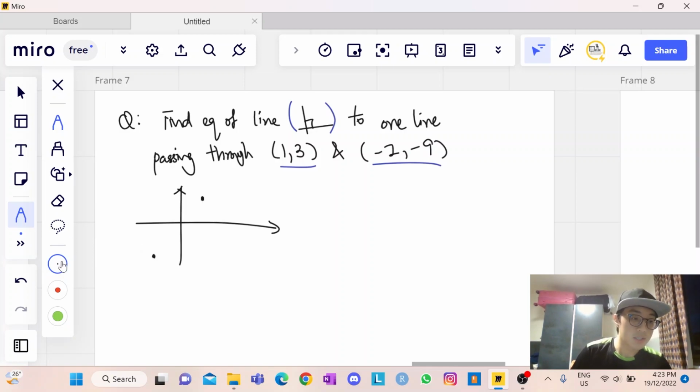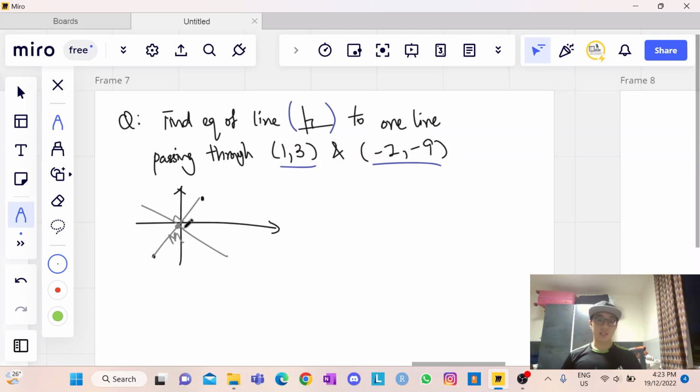So this is the original line given, but this is not the line that you want to look for. They want you to find the equation of line that is perpendicular to this line, which means it is 90 degrees. And this intersection point will be the midpoint.